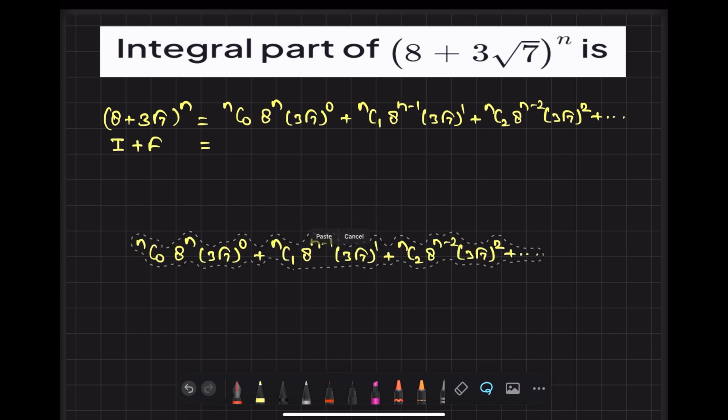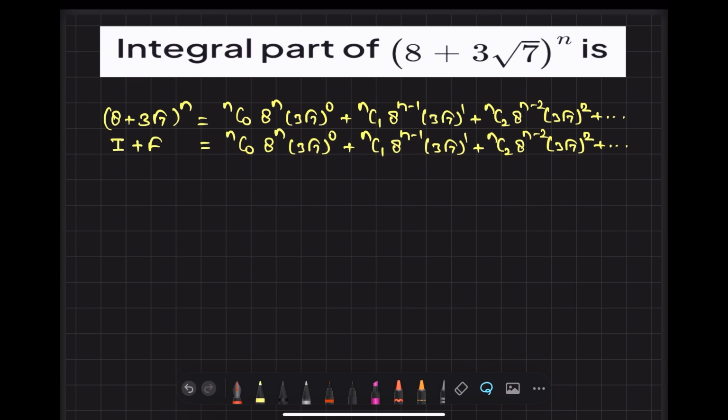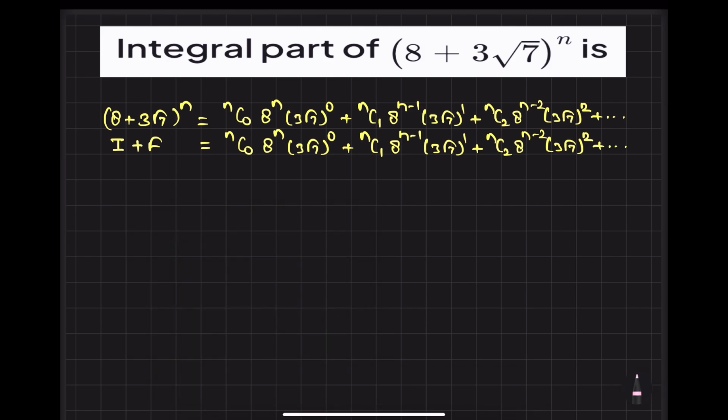Is that clear? Now look at this. We got this situation. Now for the time being, just forget about this part and try to connect with this 8 minus 3 root 7. You know that the gap between 8 and 3 root 7 was less than 1. So if I expand this, don't you think you will have only a fractional part?